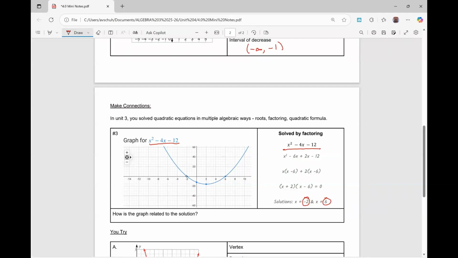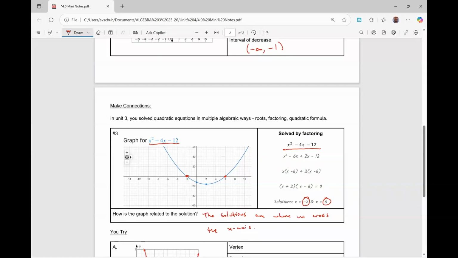And if I come over to my graph here, I can see -2 and 6 are the 2 points that cross that x-axis. So how is the graph related to the solution? The solutions are where we cross the x-axis.